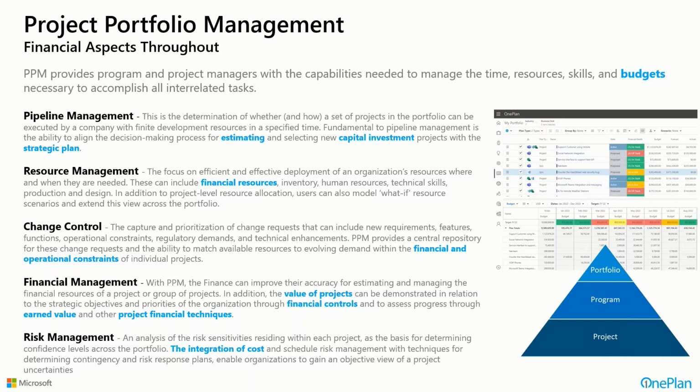And if you look at the diagram on the right, financials aren't just managed at the individual project level. They can be managed and looked at from an overall program perspective when we have program management with multiple projects within a program, and even from an overall portfolio perspective, all the way leading up to managing financials across the entire organization that we're looking at. So there's different tiers where we can assess and manage these things.